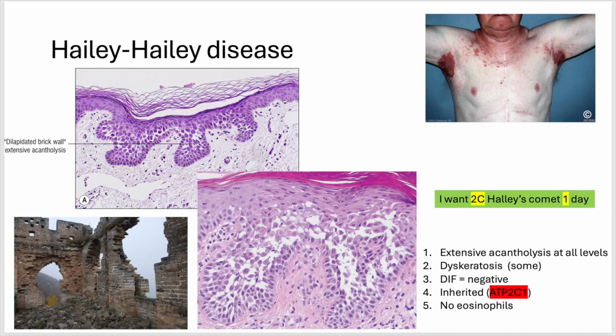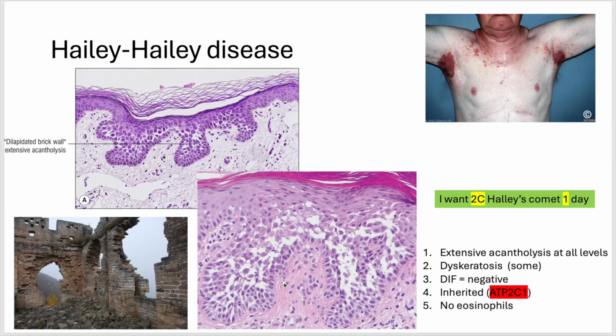Unlike Darier's disease, here we see more extensive acantholysis at all levels of the epidermis, while Darier's is more deep, giving rise to that classic dilapidated brick wall, like the very old Great Wall in China. You might see some dyskeratosis, but it is less prominent than in Darier's disease.